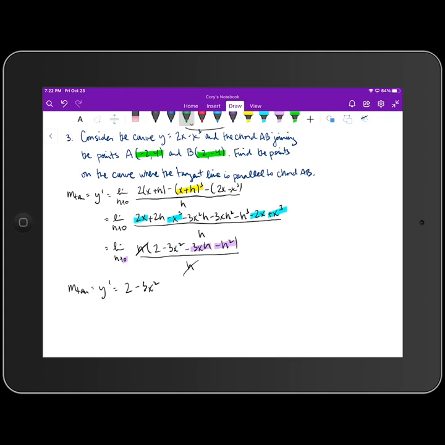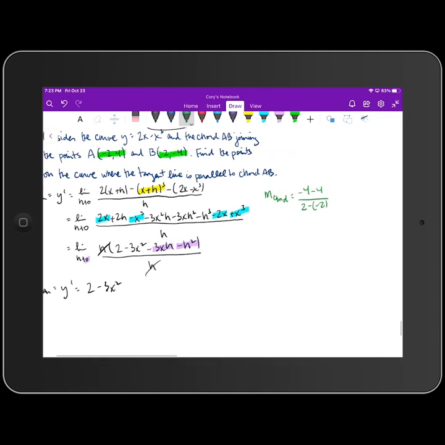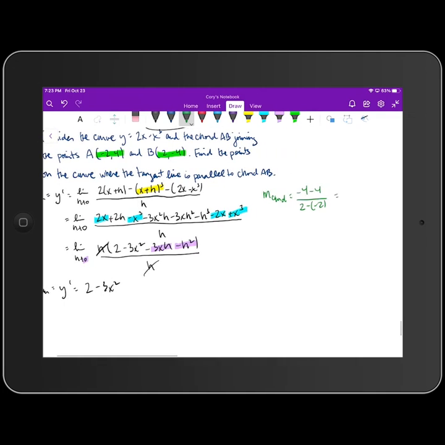Okay, so the slope of the chord will be y2, which is -4, minus y1, which is 4, all over x2, which is 2, minus x1, which is -2. Okay, so that becomes -8 all over 4, which is -2.